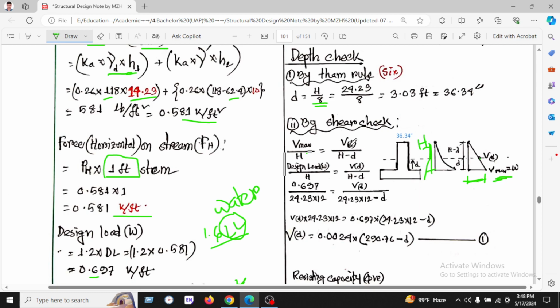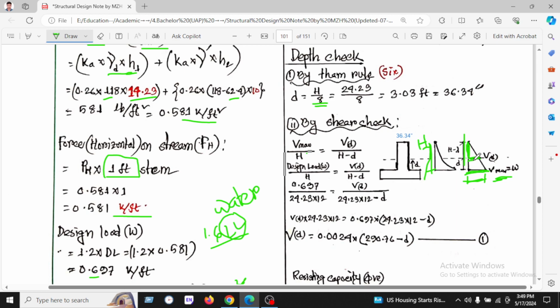On the other hand, we have seen V into Vd. Here is Vd, and h minus d. H minus d is the upper portion. So this is the similar triangle equation. When we compare the bigger portion, then we will take the larger height.